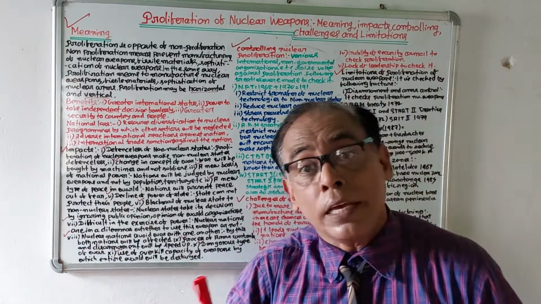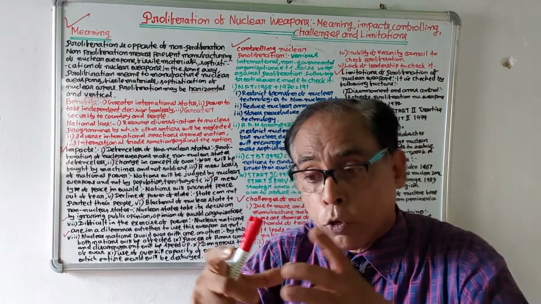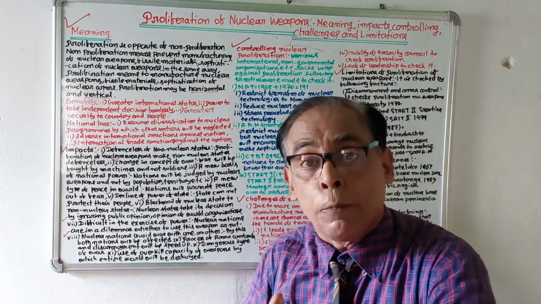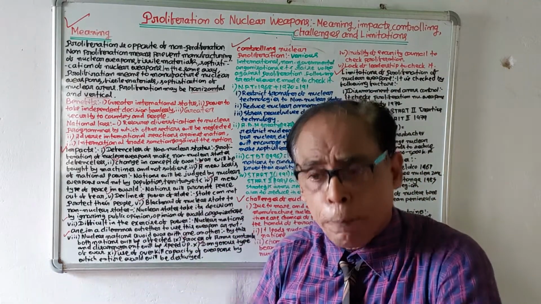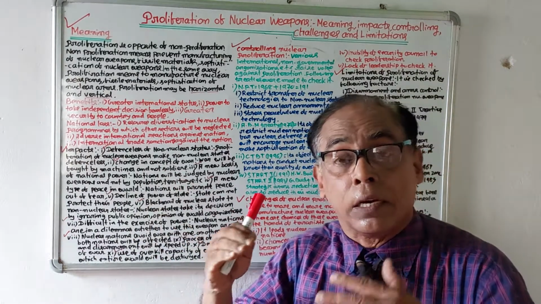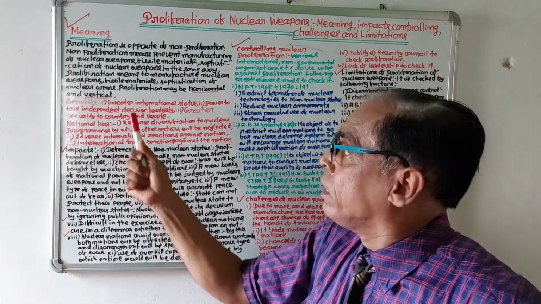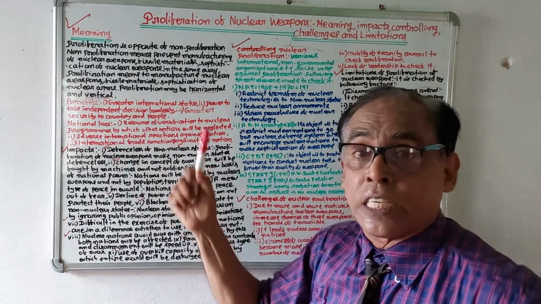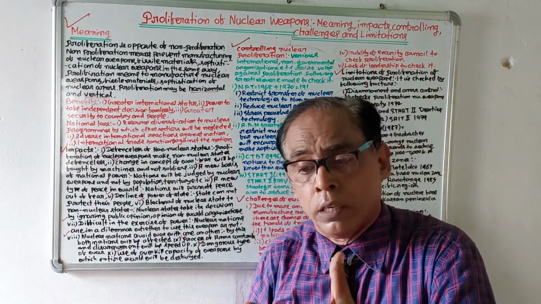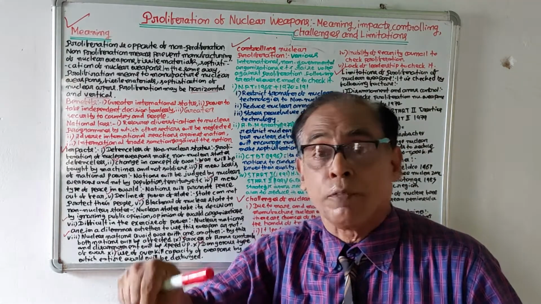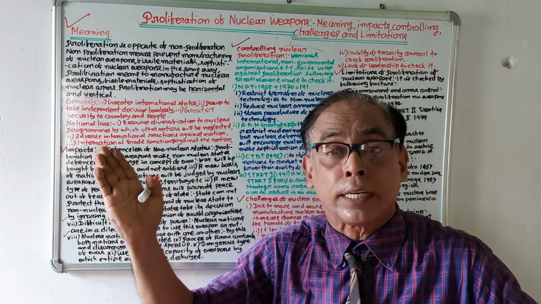And by manufacturing nuclear weapons, what benefits will a nation have? And by preparing nuclear weapons, what losses will a nation have? The first benefit is greater international status. If a nation has nuclear weapon, it will have greater international status.